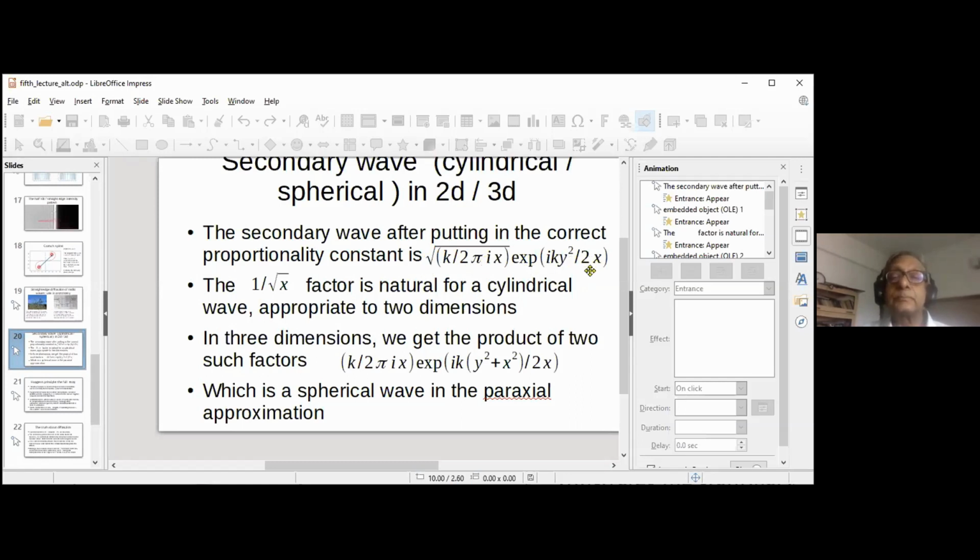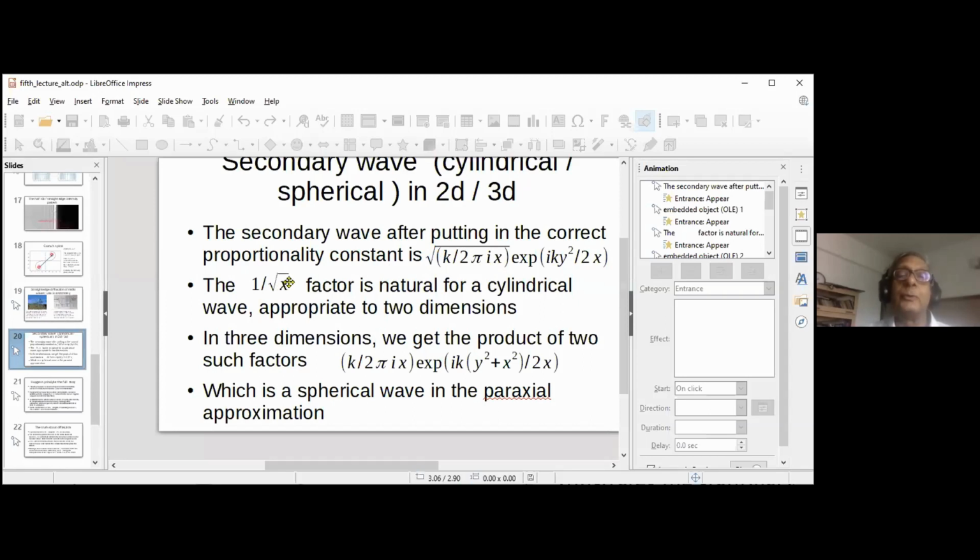Incidentally, a small point of dimensional analysis: k has dimensions of inverse length. So you have 2 lengths in the denominator, you take the square root, you have 1 length, and then when you multiply by dy, that goes away, and therefore if you start with electric field, you end up with electric field. But this 1 over square root of x, of course, came out from the algebra.